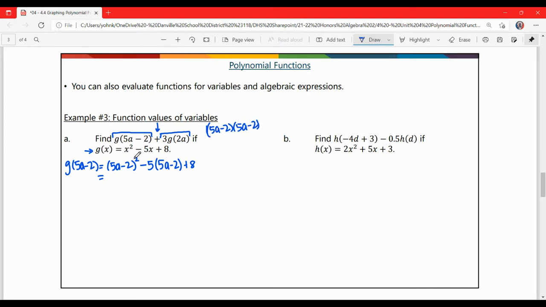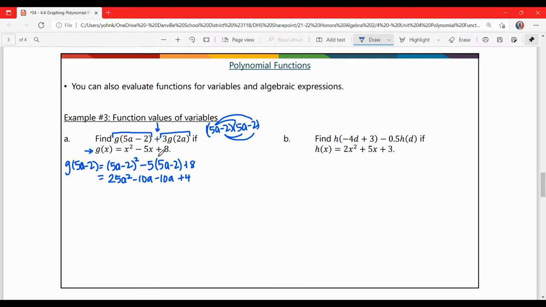Remember, you don't just share the square, but you actually have to double distribute. So if I do 5a times 5a, that's 25a squared. 5a times negative 2 is negative 10a. Negative 2 times 5a is negative 10a. And negative 2 times negative 2 is positive 4.